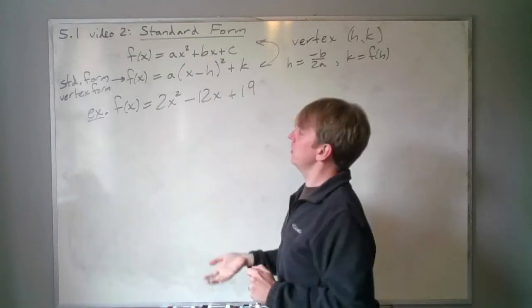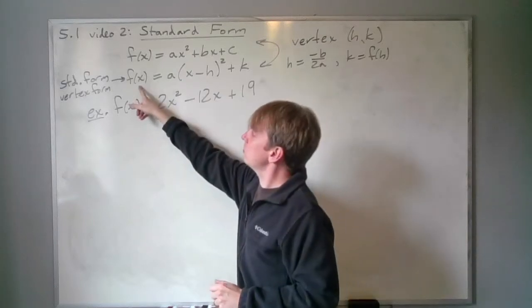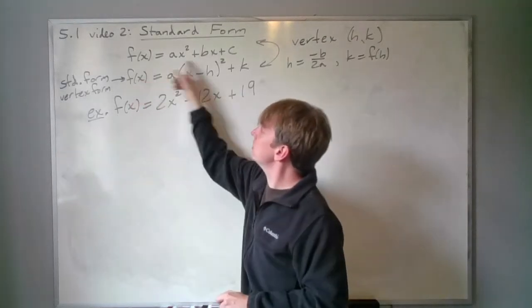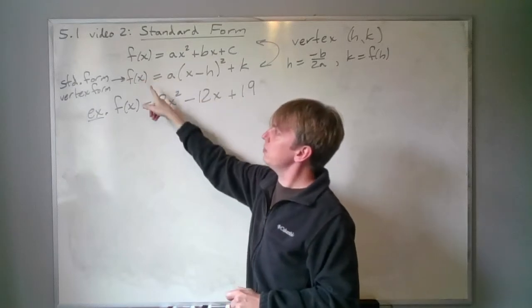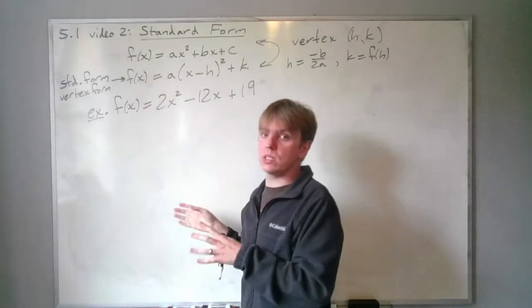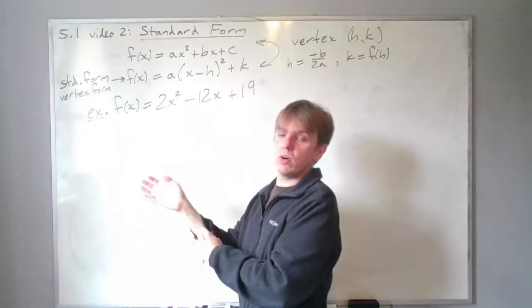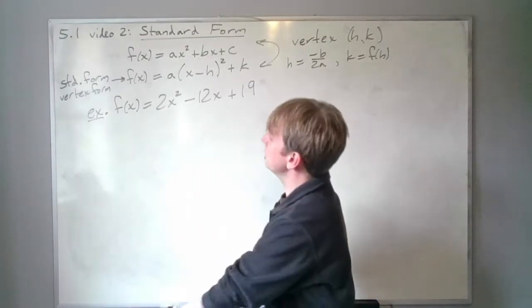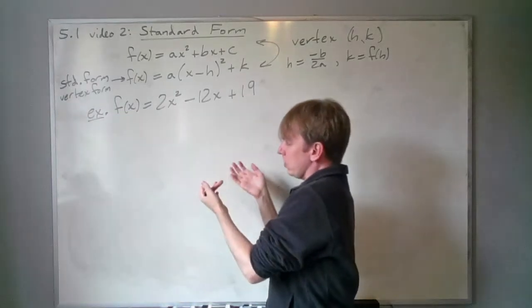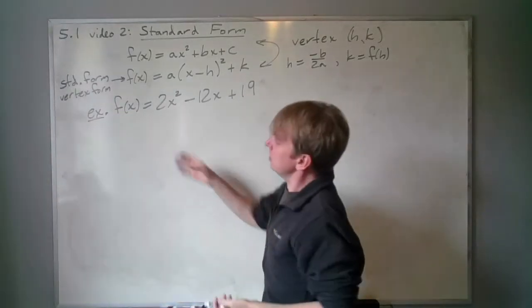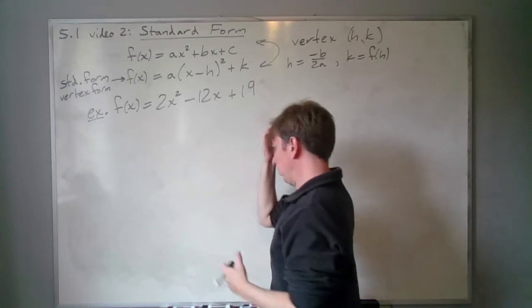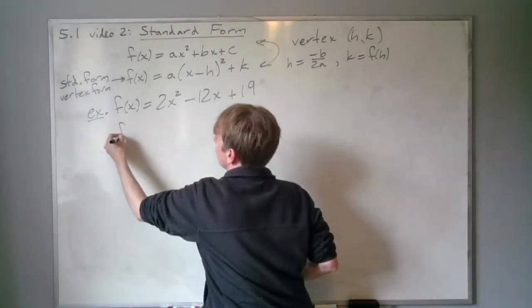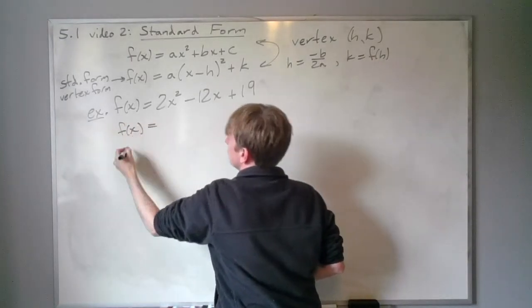I don't want to do that though, because my goal is to turn this equation into this equation. Notice they have the same left-hand side, f of x. I don't want to mess with the left-hand side. I want to leave this equation as f of x equals expression. So I'm going to try and change that expression, complete the square on it, and yet still keep it equal to f of x. So in all of my steps, I'm going to have f of x equals something.